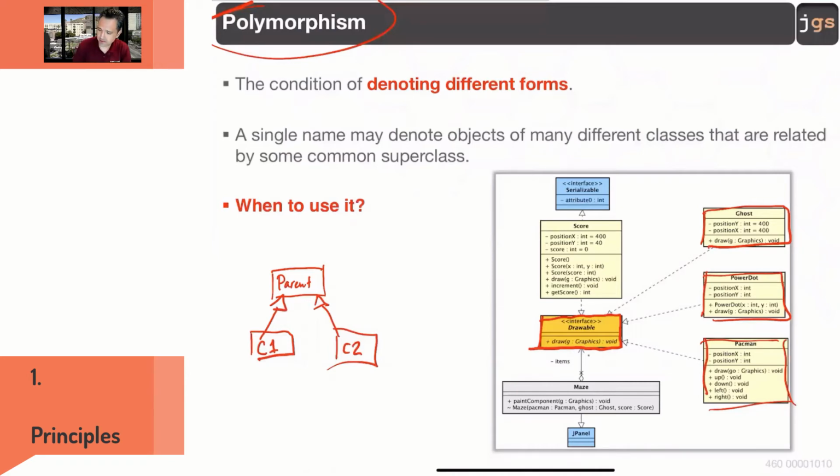For instance, you can have a variable parent. This variable is from this class, the parent. But you can make that one equal to parent. And that is obviously correct.